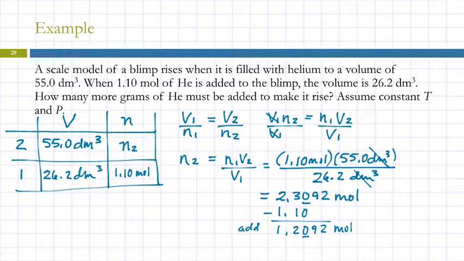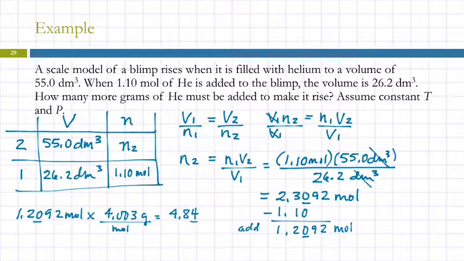Okay, so now I've got moles of helium. I need to make it into grams. And so I'm going to take the moles and multiply by the molar mass to get the grams. So 1.2092 moles of helium times the molar mass of helium, which is up there on the periodic table, 4.003 grams per mole. 1.2092 times 4.003 is 4.8404 grams.